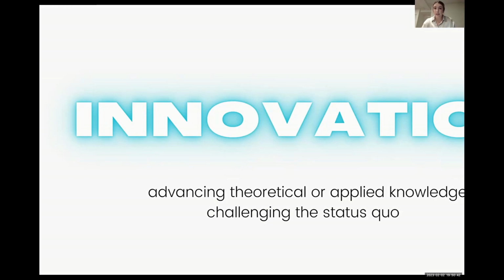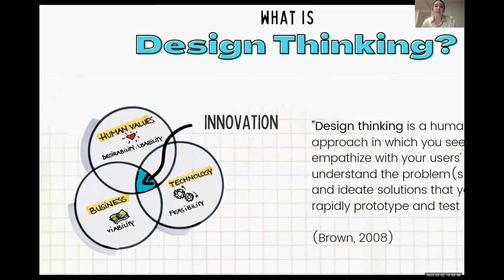How I use innovation to inspire my research is through the design thinking approach, which is defined as a human-centered approach in which you seek to understand your users' experiences and the problem at hand. You ideate solutions that you can rapidly prototype and test.